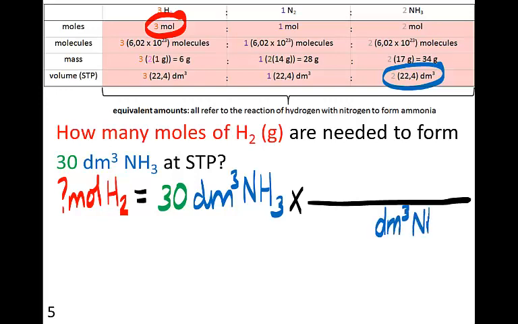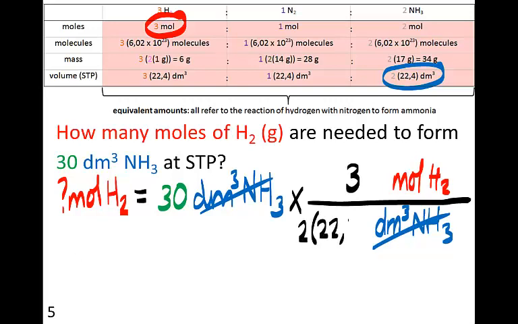Decimeter cubed ammonia at the bottom, mole of hydrogen at the top. They react in the ratio 3 moles hydrogen for every 2 times 22,4 decimeter cubed ammonia at STP. 30 times 3 divided by 2 divided by 22,4 is 2,01 moles of hydrogen gas.